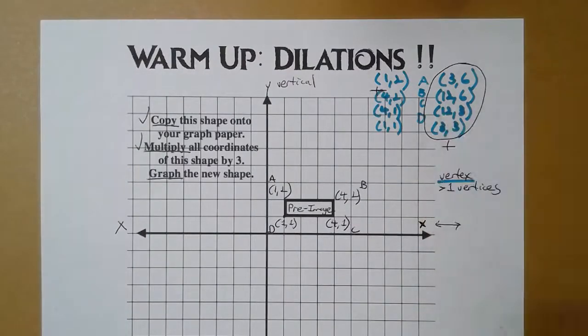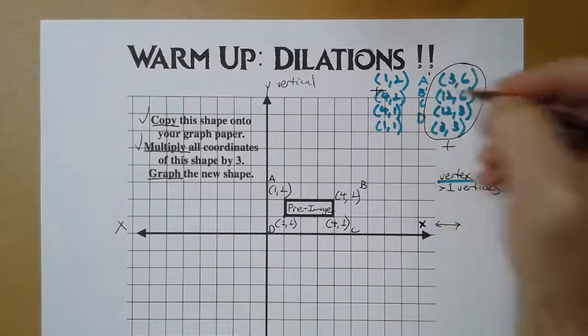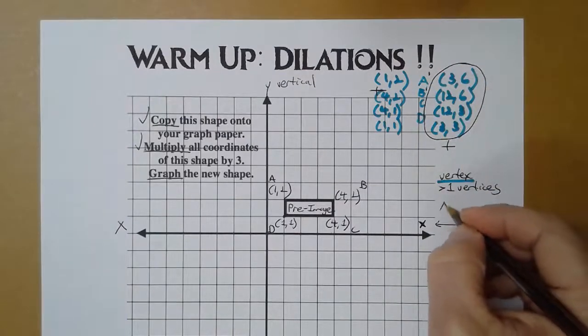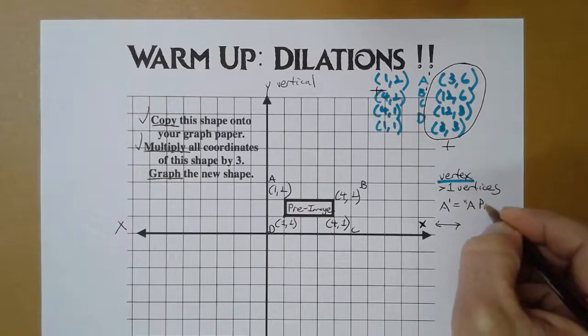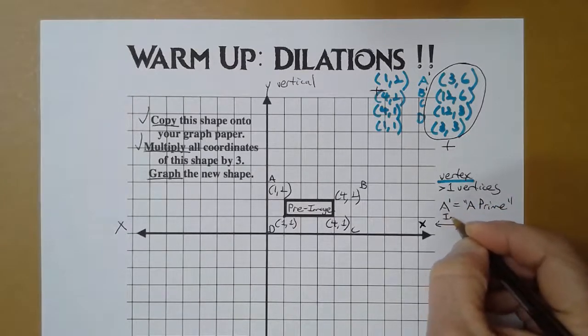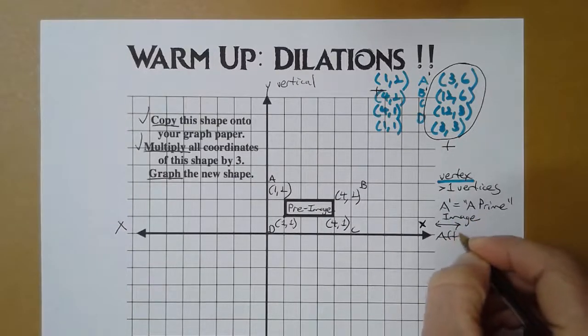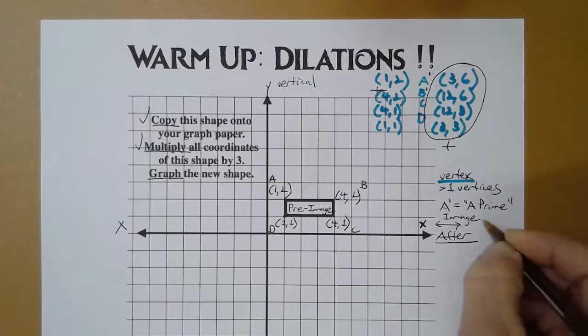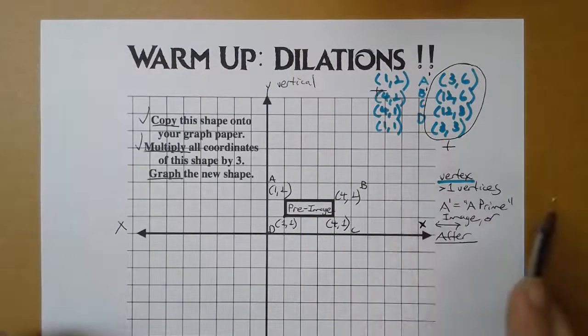And we're going to label it with the little primes, right? A prime, we call that, which means image or after.